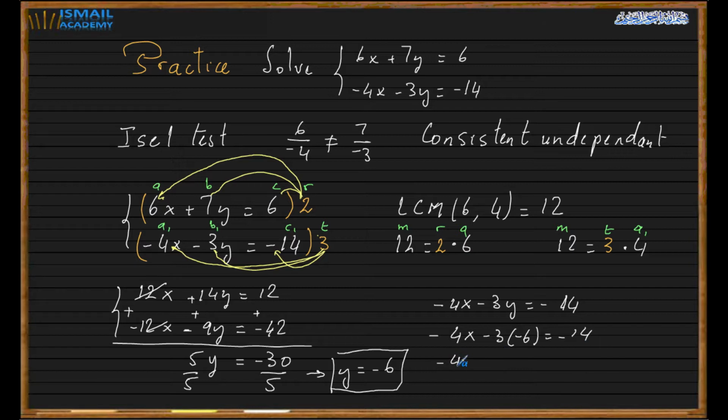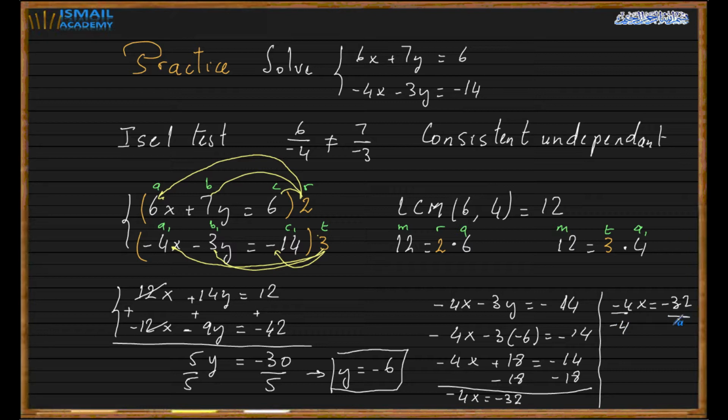So here we'll have minus 4x plus 18 equals minus 14. This is a two step linear equation. So I solve for x, subtracting 18 from both sides. So I get minus 4x equals minus 32. Divide by minus 4, so x will be 8.